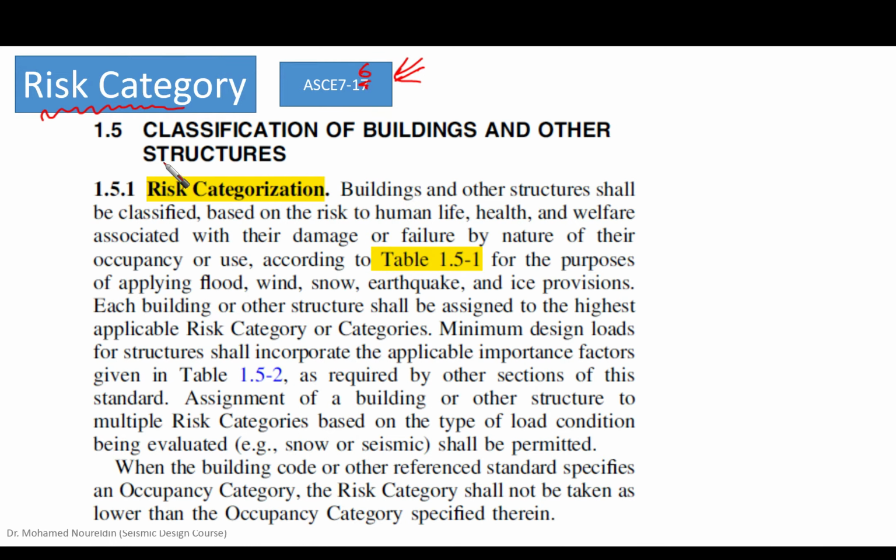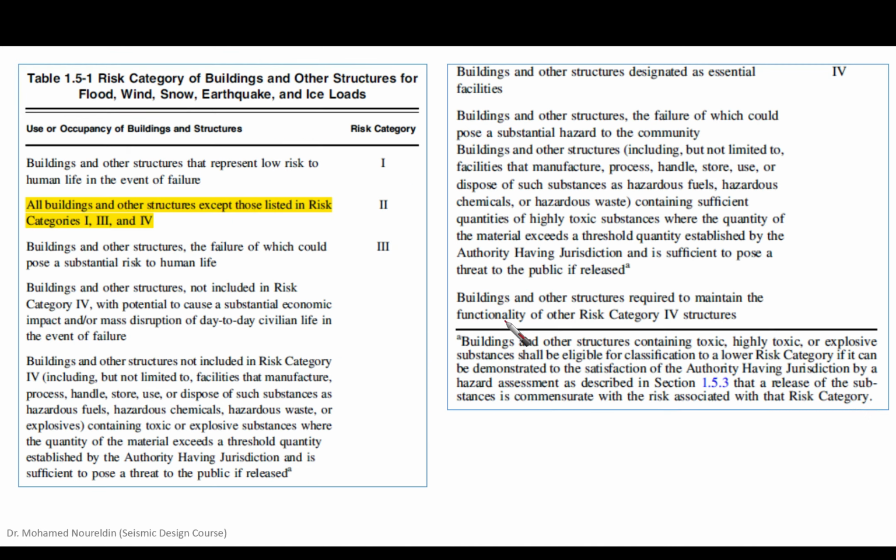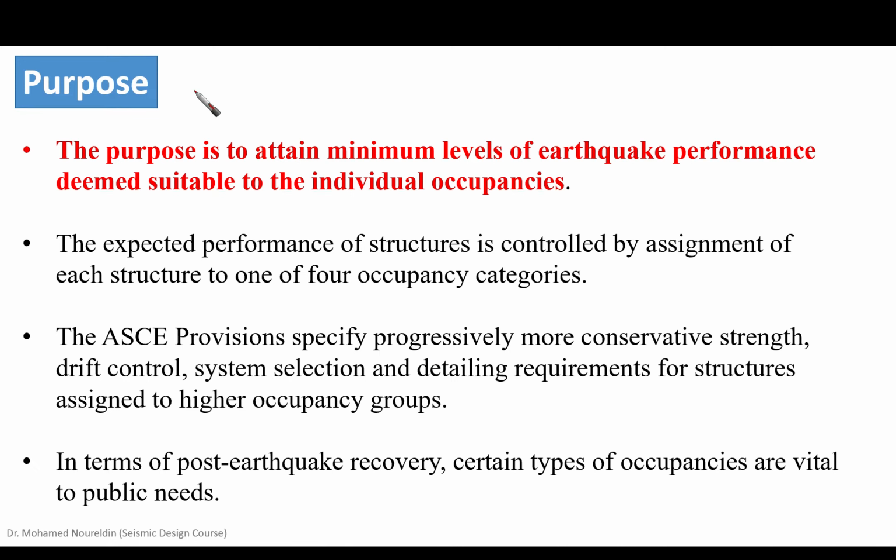The classification of buildings and other structures under section 1.5 talks about risk categorization. Before reading this, I want to highlight the purpose of risk categorization. The main purpose is to attain minimum levels of earthquake performance deemed suitable to the individual occupancy.